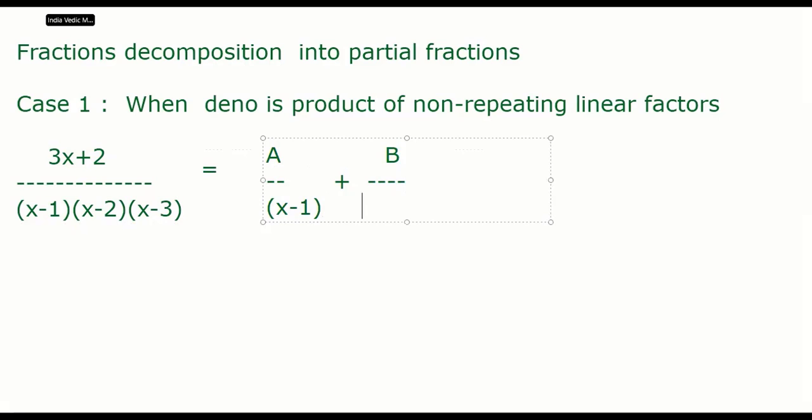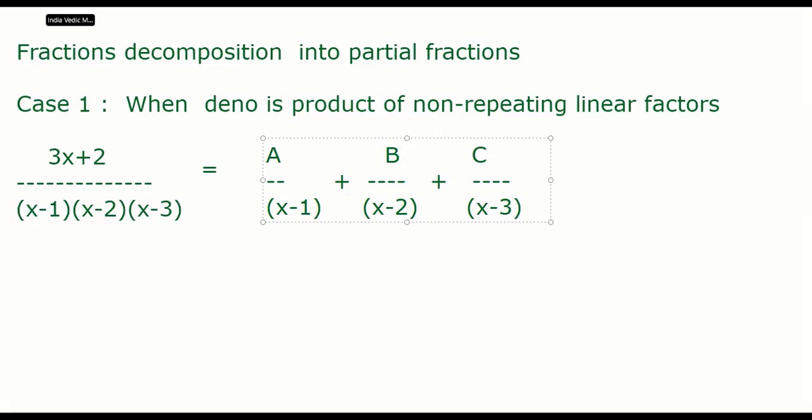This b can be anything, it's not necessarily only a variable, I'm just telling you, or say some constant b. This is applicable only when your denominator is factorizable into linear factors of non-repeating type. Say x minus 1, x minus 2, x minus 3 is not repeated.